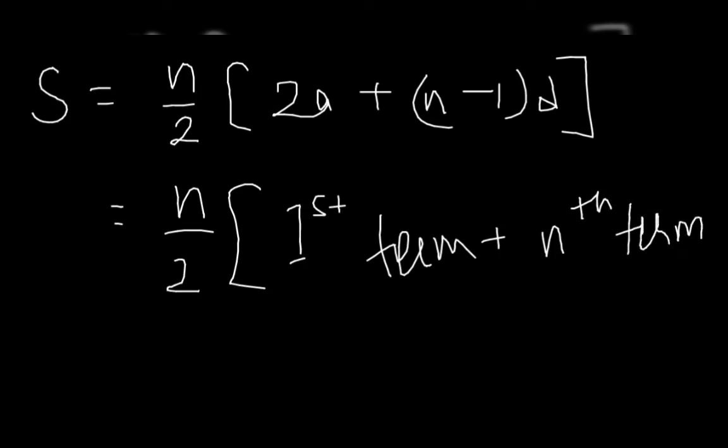This is the sum till n terms, the sum of an n term AP. Understand, this is a very easy concept. You have to be very clear on the concept. In AP there are only two formulas. So now let's do some sums.